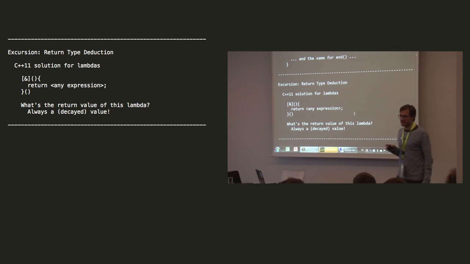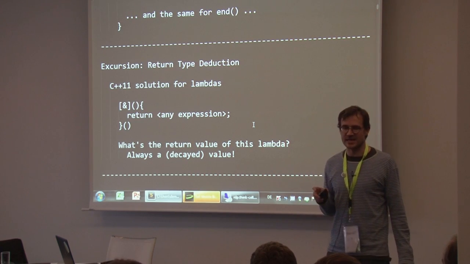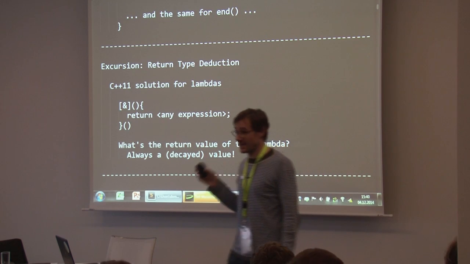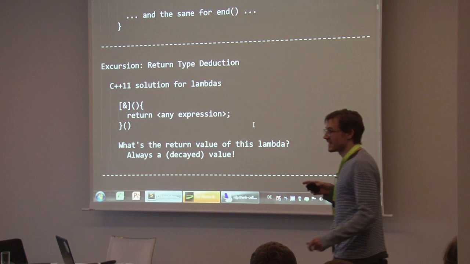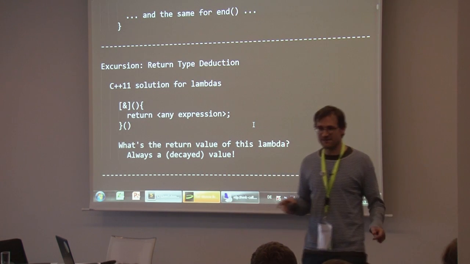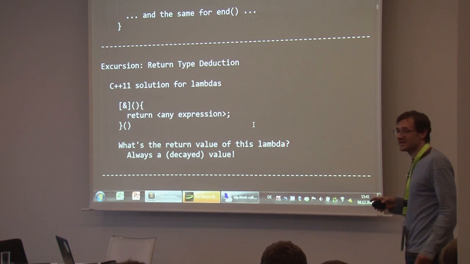It's always a value. They are kind of wiggling around the problem. They're writing the standard, they understand exactly the intricacies that you will learn now too, but they said, the only way to do something default that is safe is that it's always a value. It's not exactly a value, it's called a decayed value.